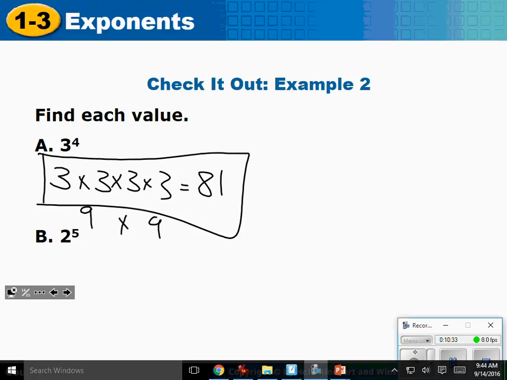I know that you know 9 times 9. So you can use that grouping to help you. Does that make sense to you? Please do that. And again, 2 times 2, this is what you got to show for your work. 2 times 2 times 2 times 2 times 2 equals 32. All right?